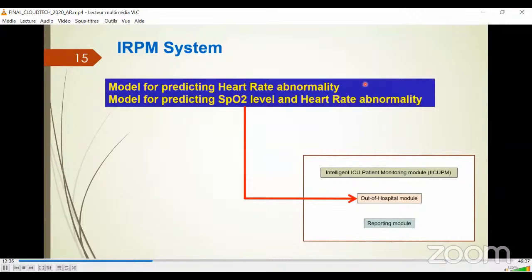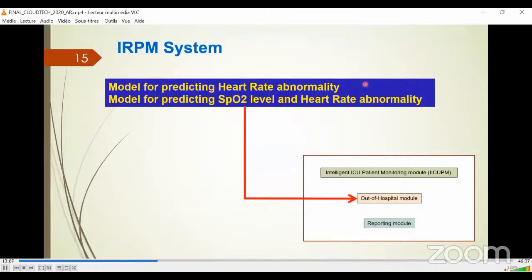The second module of our system can be used by patients who may not necessarily be in the hospital. This is why we called this module an out-of-hospital module. Users can use it to, for example, predict their heart rate abnormality, or their SpO2 level, based on data that's collected by themselves.